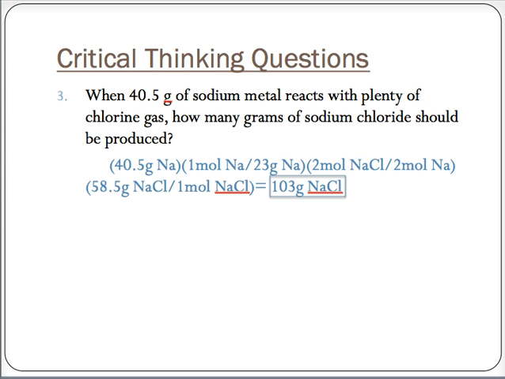You then multiply that by the mole ratio between sodium and sodium chloride, which is 2 moles of sodium chloride per 2 moles of sodium. Then you multiply that by the molar mass of sodium chloride, which is 58.5 grams per mole, to get the final mass of sodium chloride, which is 103 grams.